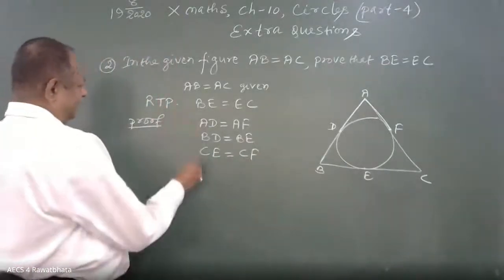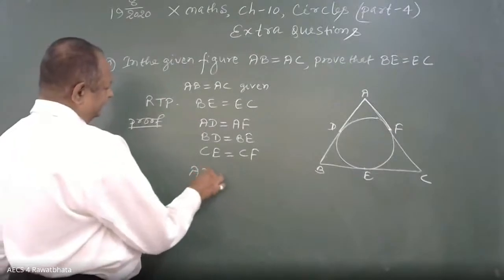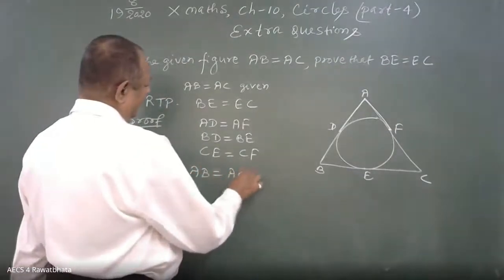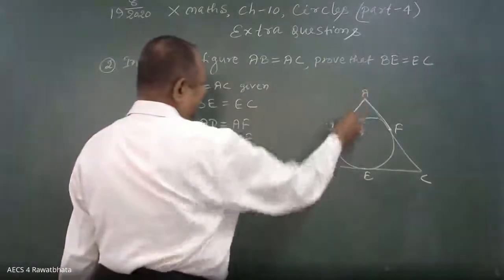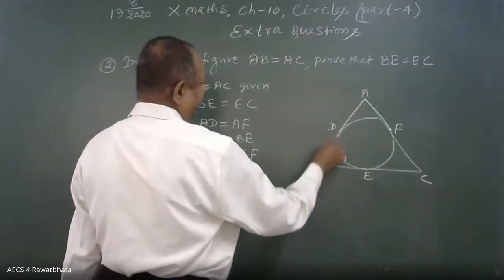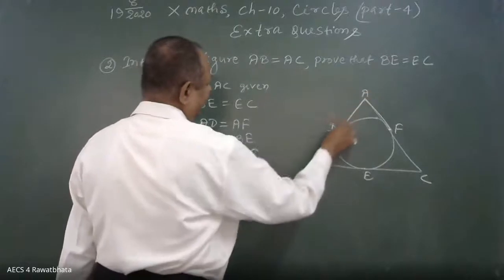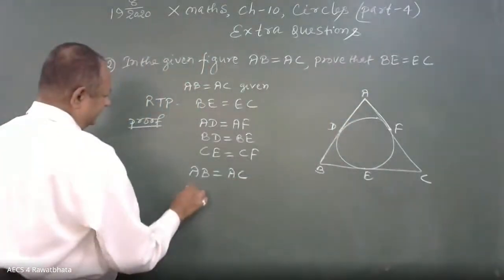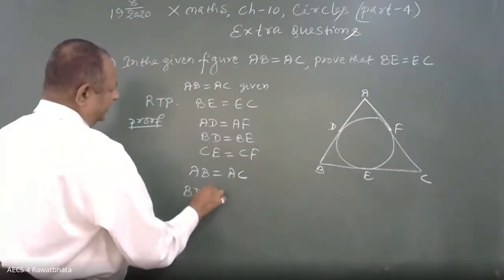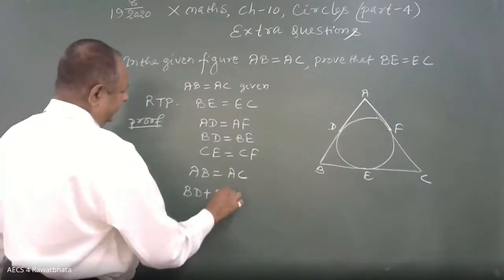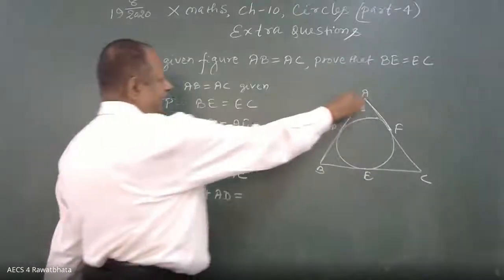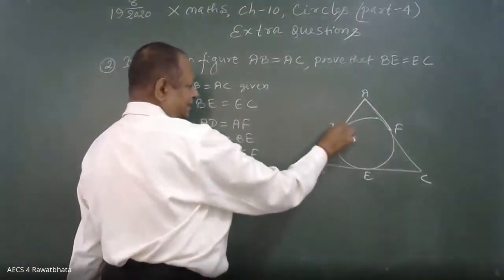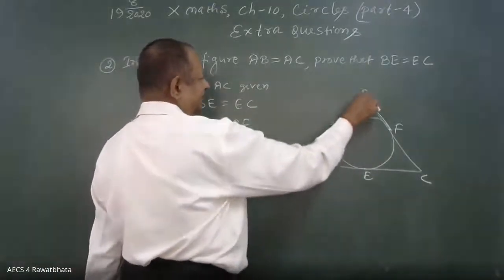So now AB is equal to AC, given. AB can be written as BD plus AD, this part plus this part.